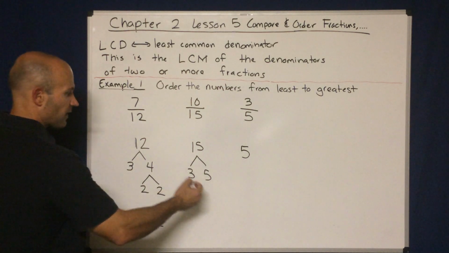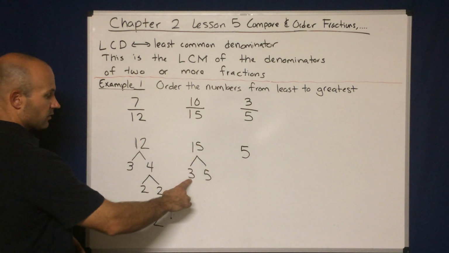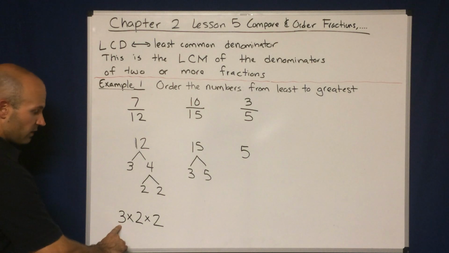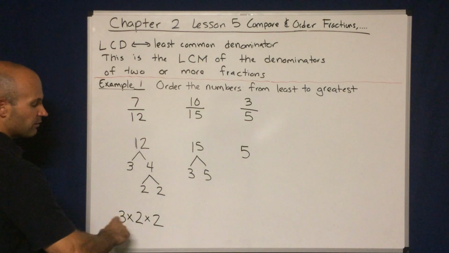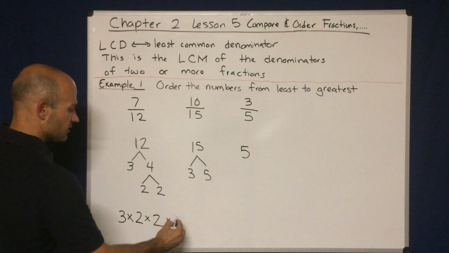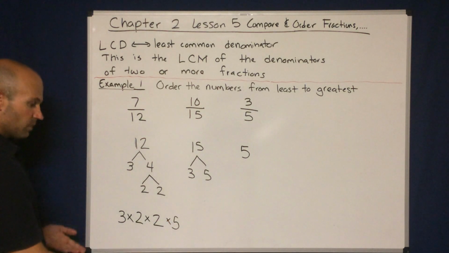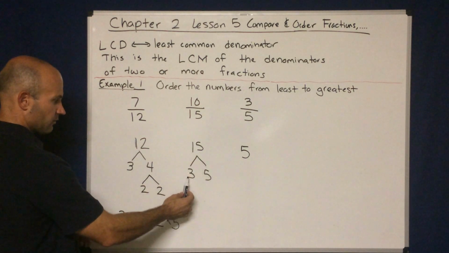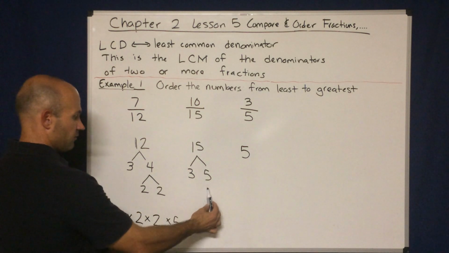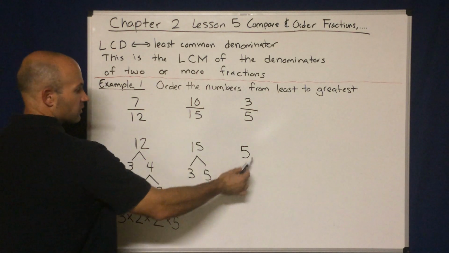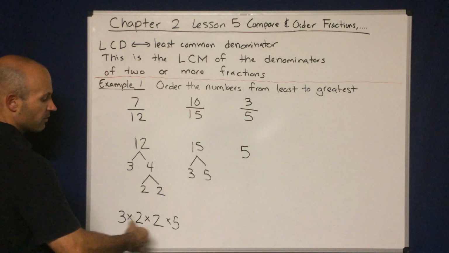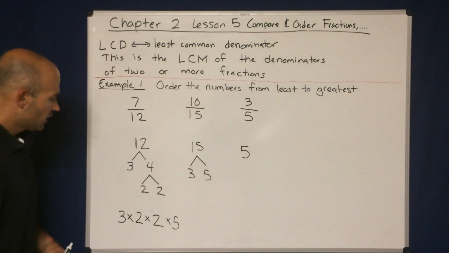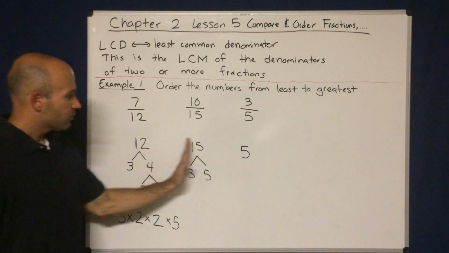Moving on to the second factor tree, I see a 3, but I already have one 3. I see a 5. I don't have a 5 down here yet, so I need to add it. But now I've taken care of the second factor tree, 3 and 5. This third factor tree, I have a 5, but I already have the 5 accounted for in my least common multiple. So I've examined all 3 factor trees.